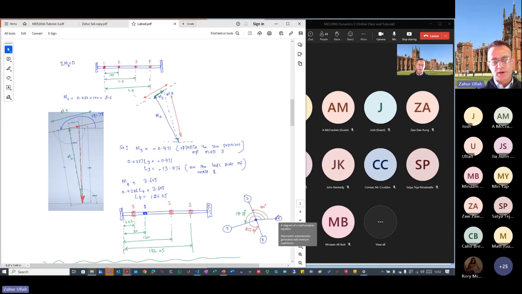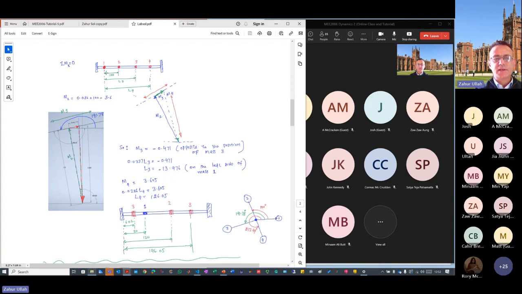Now we need to take another moment for the mass M2, which will be in this direction. From this point at an angle of 100, you can draw this length, and you know the magnitude of this M2, which will be the force times 100.